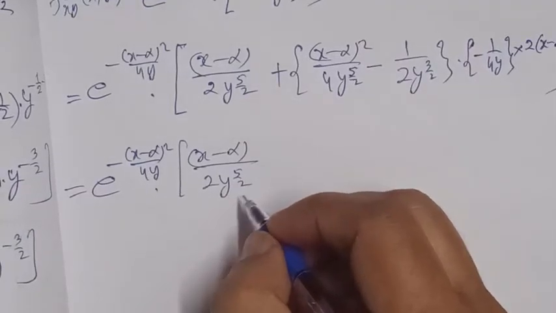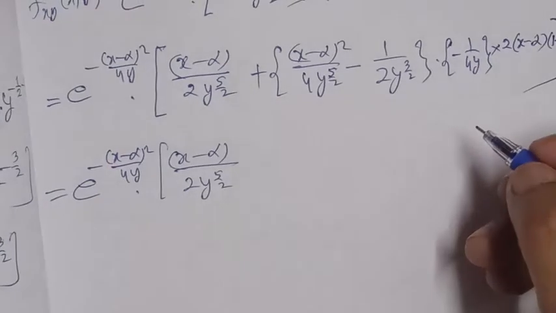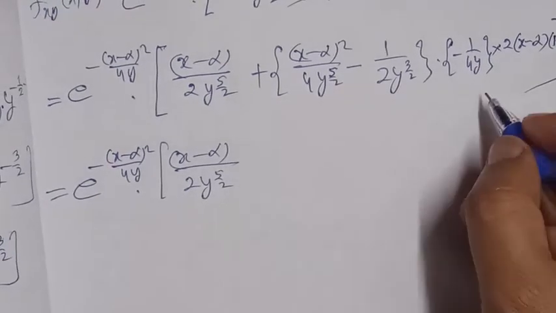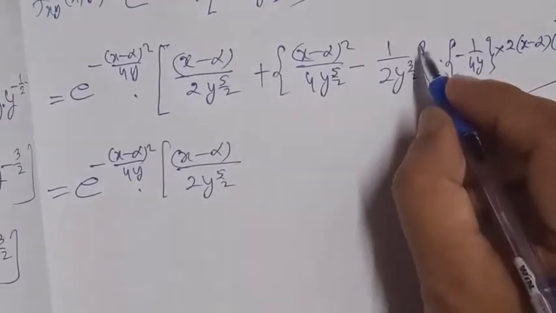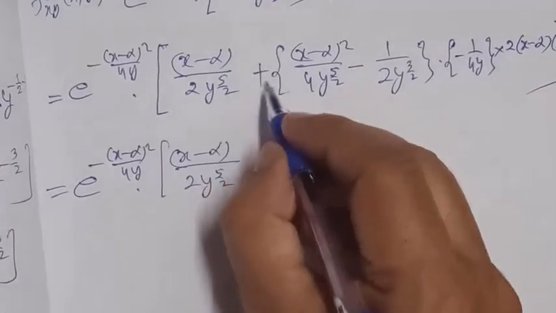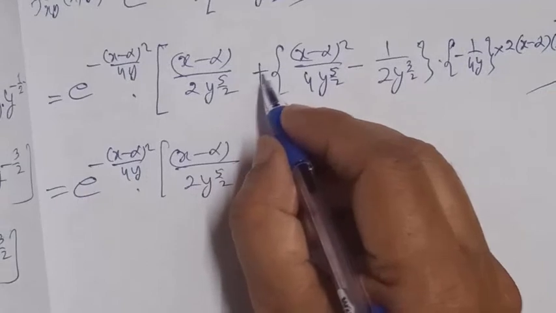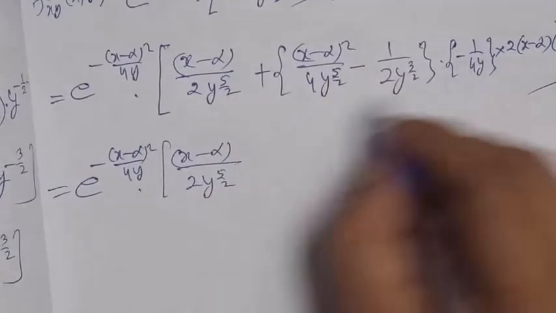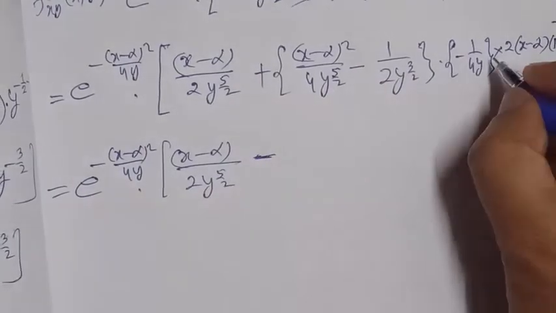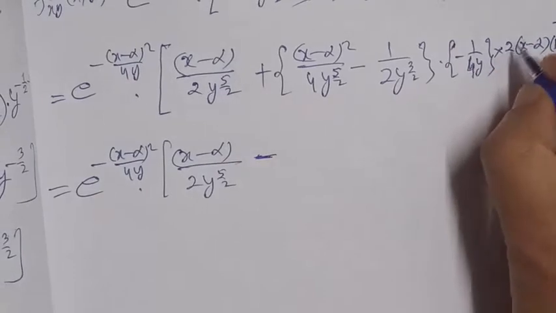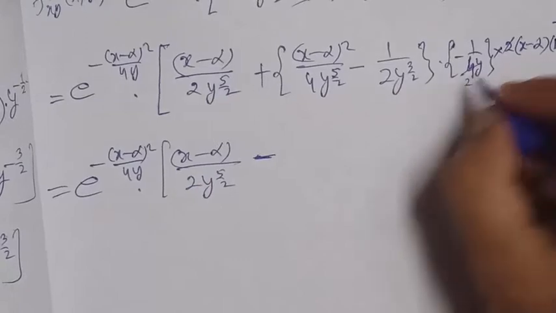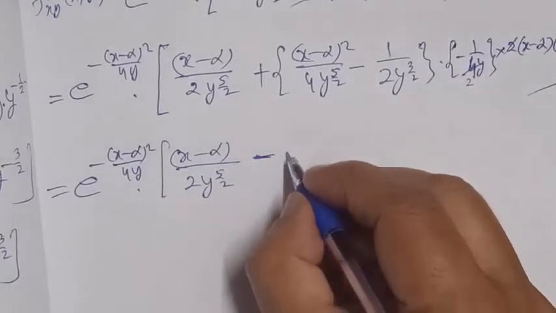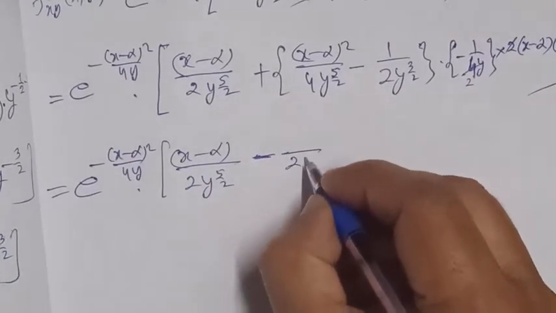We can write, we are seeing that this sign converts from plus to minus, so it becomes minus, and also 4 is cut off with y 2, so it becomes 2y. So I write here in the denominator 2y.